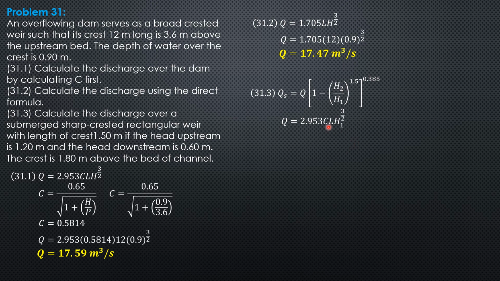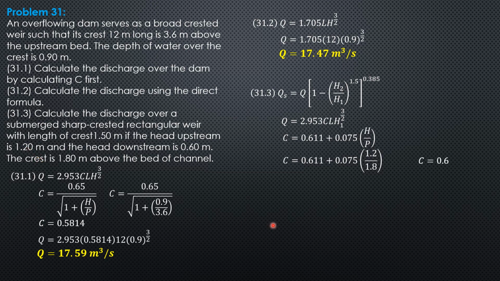Then let's solve for C. C for a sharp-crested weir is 0.611 plus 0.075 of H over P, where H is H1 and P is 1.8. H1 is 1.2. So 0.611 plus 0.075 of 1.2 over 1.8.